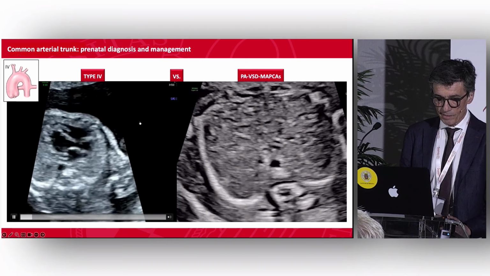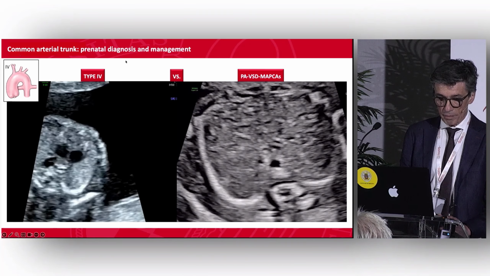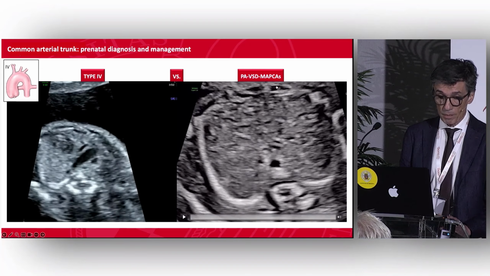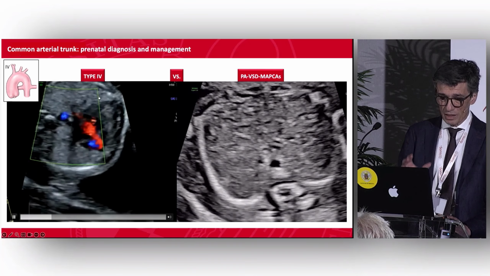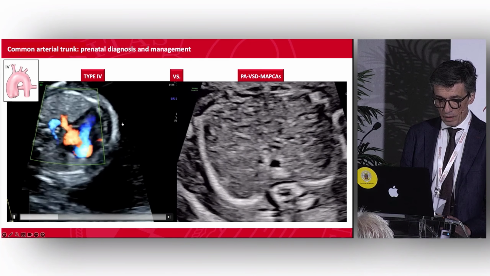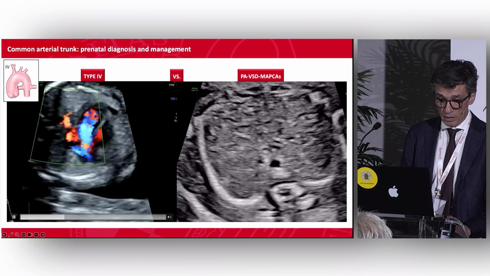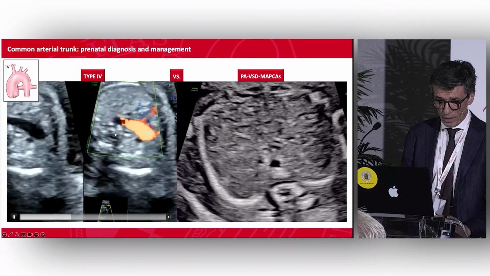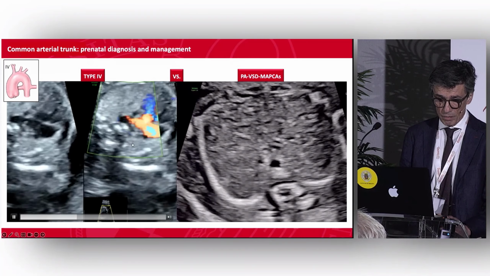There are many authors that do not include type 4 common arterial trunk inside this condition because many consider it a type of pulmonary atresia with ventricular septal defect with MAPCAs, but it is true that there are also some differences between these conditions because you have here a baby that has one single vessel arising from the heart, and you will see here the right pulmonary branch emerging from the descending aorta in blue color.